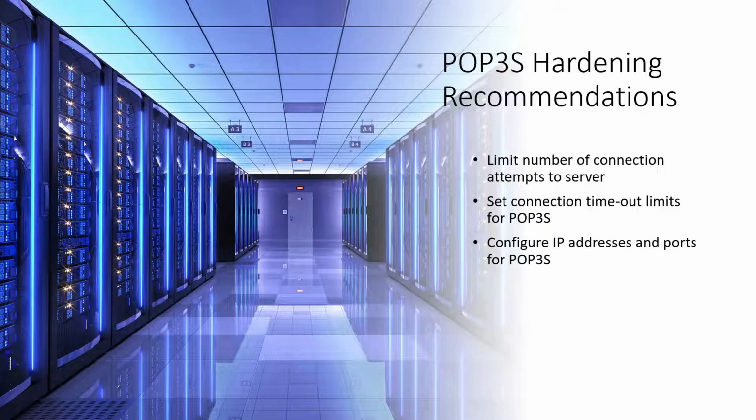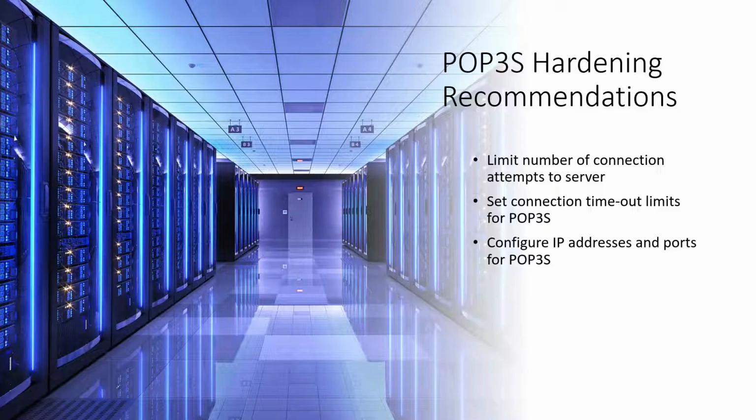And for the third hardening recommendation, you can configure IP addresses and ports for POP3S. And how you do this, you go into the EAC once again, and you navigate to servers, click on servers, list of servers, you select the client access server, then you click edit, and on the server properties page, you click POP3 again, and under TLS or unencrypted connections, you click add, and then on the add IP address page, under the IP address, you can select one of the following.